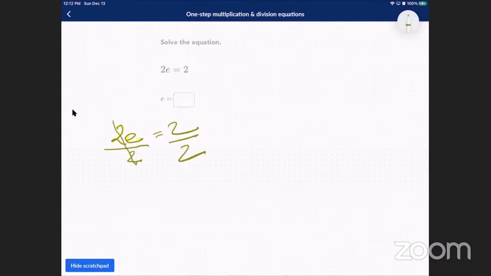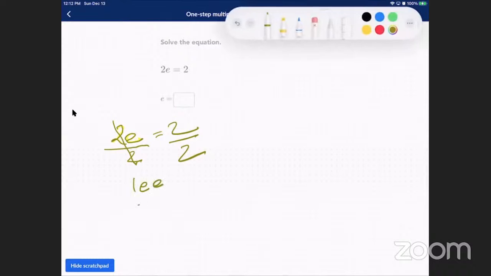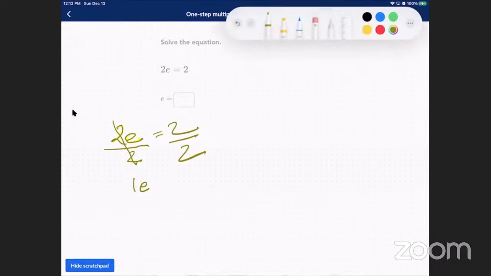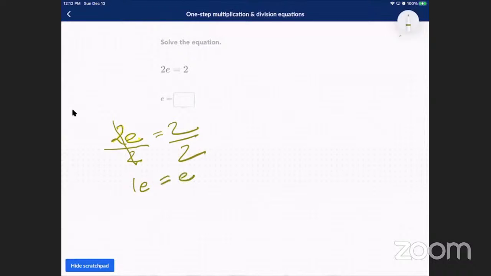The reason we're doing that is that we are taking 2, canceling 2 out on the bottom because 2e equals 1e, right? Or e. That's the little mystery that actually happens when I'm doing the math. Like you don't really remember why you're doing that.